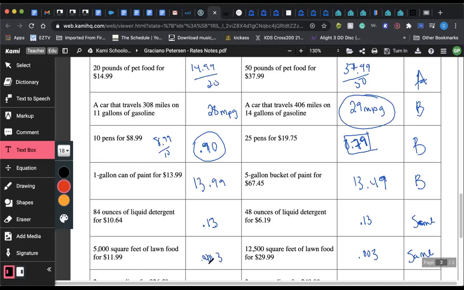Right, but if we see something like this on the GED test, we can't just put same. I kind of see where Renee was coming from with the 84 ounces and the 48 ounces. On a test, we would think to select the 84 ounce. So remember, when you have this on the test, it's going to have A, B, or they're both the same.